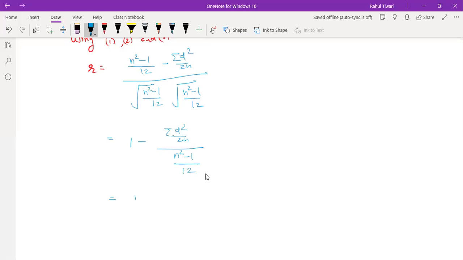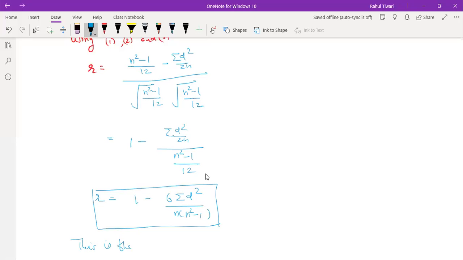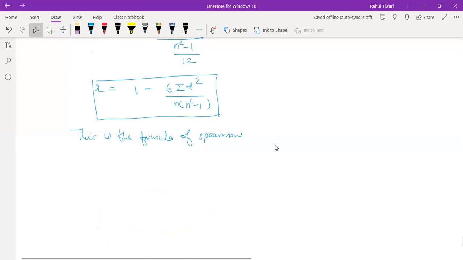So 1 minus 6 times summation d square upon n into n square minus 1. This is the formula of Spearman's rank correlation.